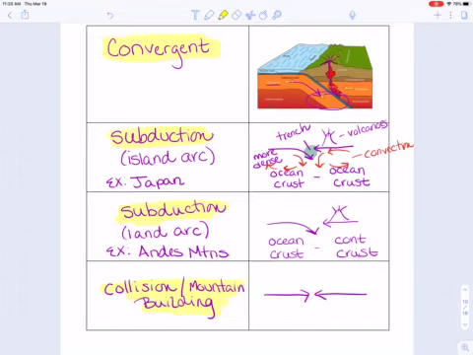So think if you had two wet graham crackers and pushed them into each other, they would just build on each other and get higher and higher. So what we're going to get is very, very tall mountains. The best example here is Mount Everest.